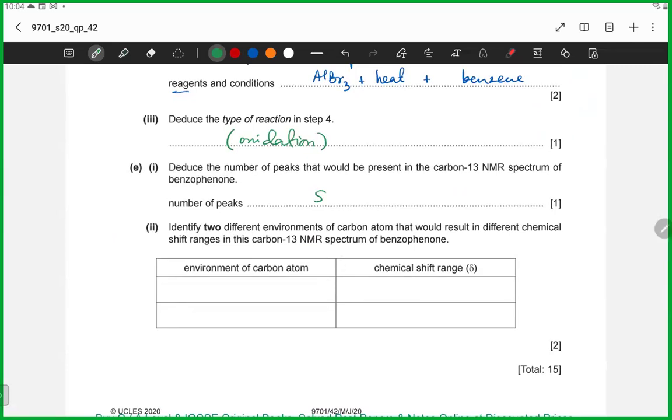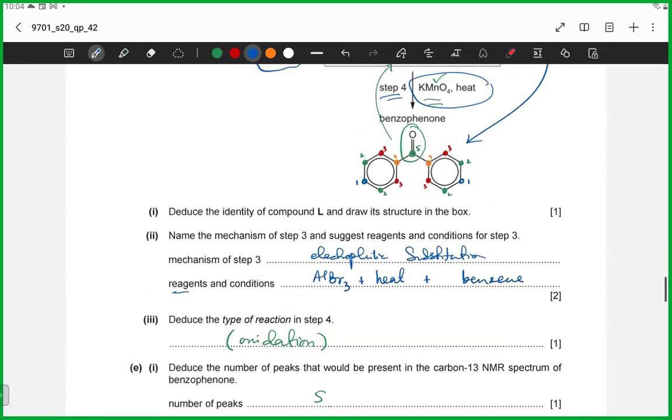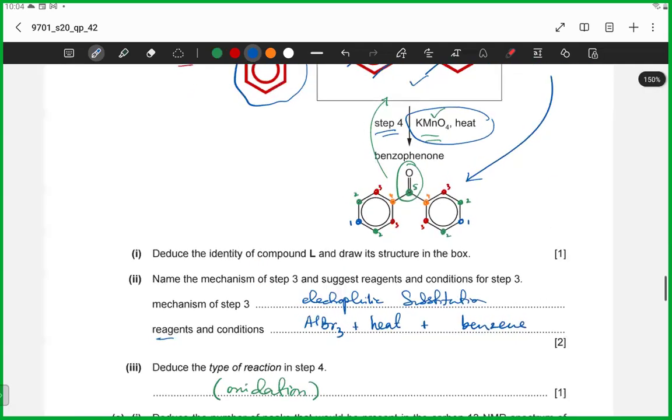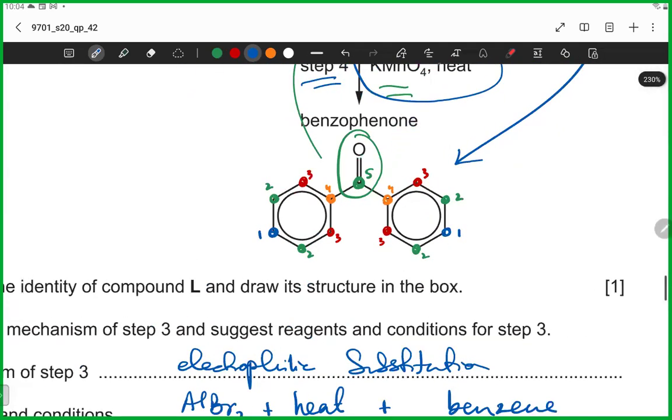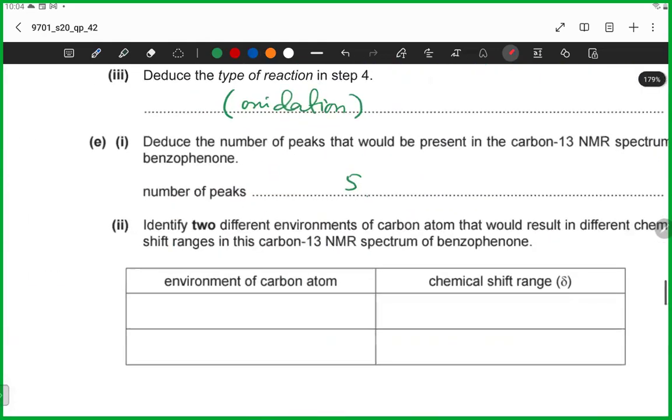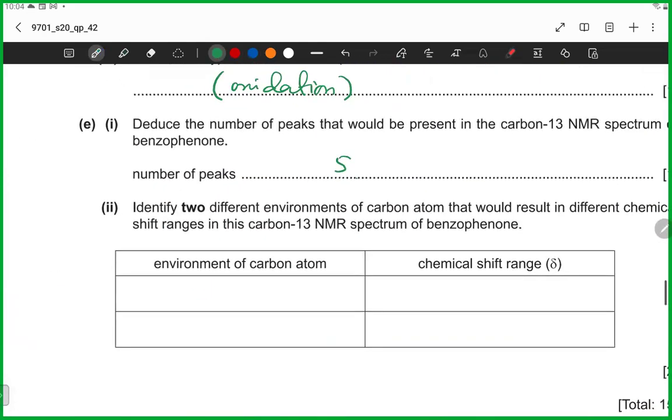Or we can identify 2 different environments of carbon atoms that would result in different chemical shift ranges. To get 2 different chemical environments you have to identify which are going to give you 2 different shifts. You just have to look at the data booklet. I'm just going to label this. This carbon over here is going to have a completely different environment, right? You can look at the data booklet and figure out what the chemical shift value is.